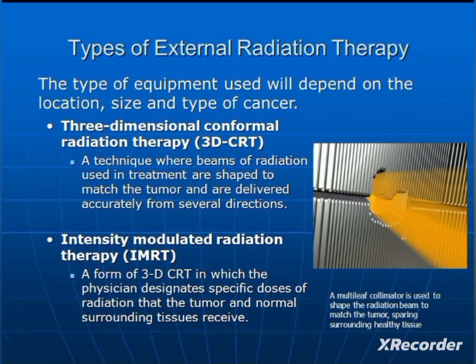Intensity modulated radiation therapy is a form of 3D CRT in which the physician designates specific doses of radiation that the tumor and normal surrounding tissues receive. So intensity modulated radiation therapy means here the intensity of dose is modulated.